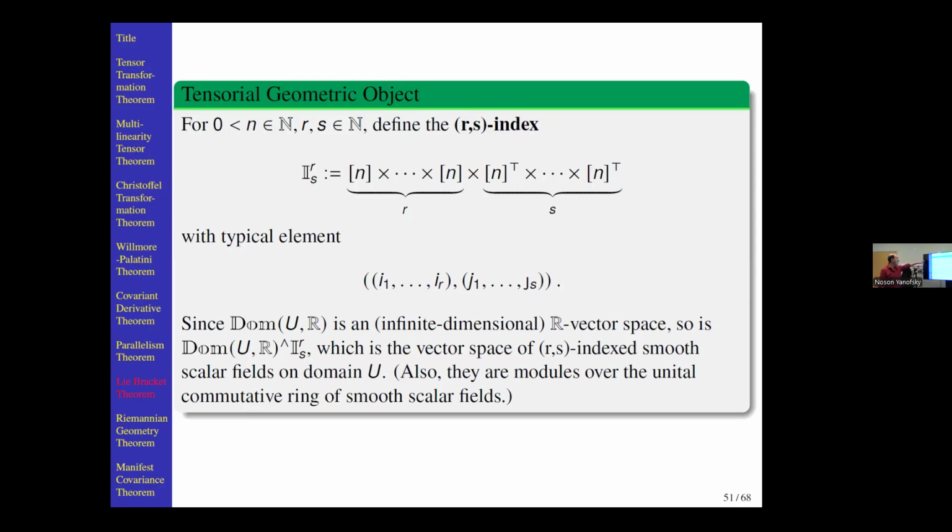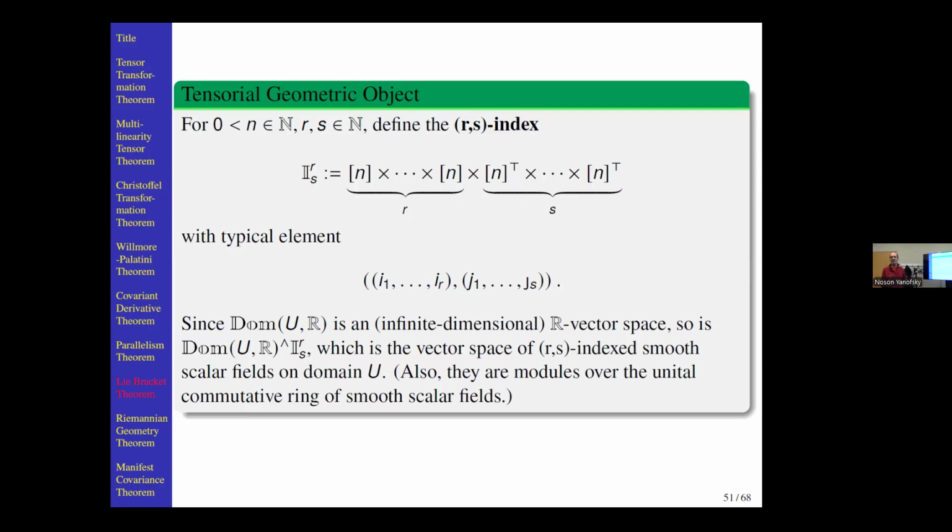So I'm talking about tensorial geometric objects, geometric objects relative to the diffeomorphisms, made out of tensors. And they make some interesting algebraic structures. You have this infinite dimensional scalar vector space, but you also have scalar fields that can multiply vector fields, as in a module, because you can't always divide by zero.